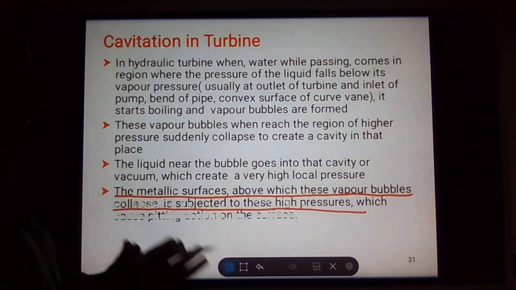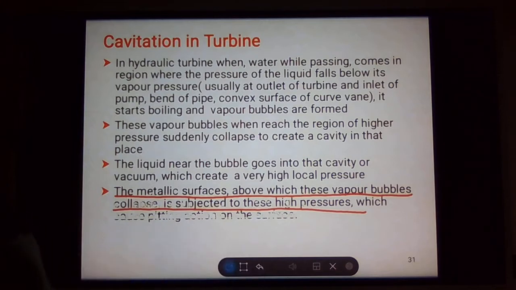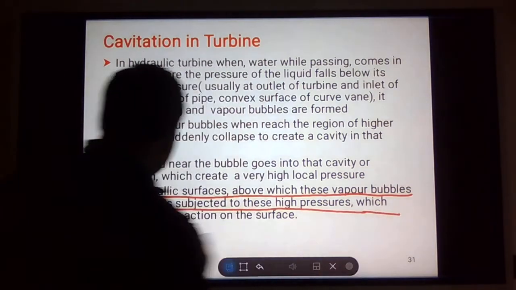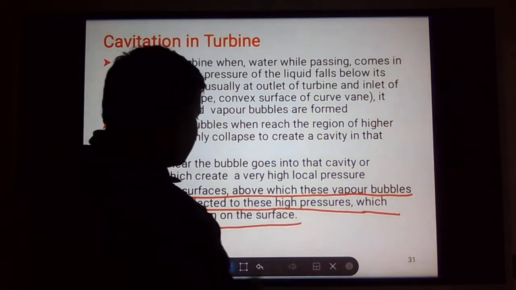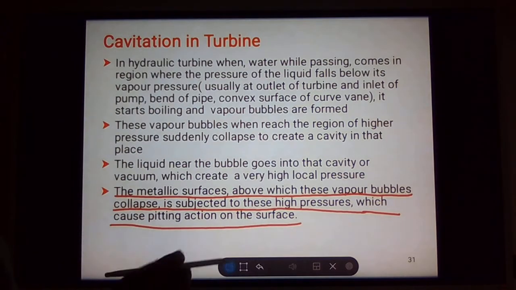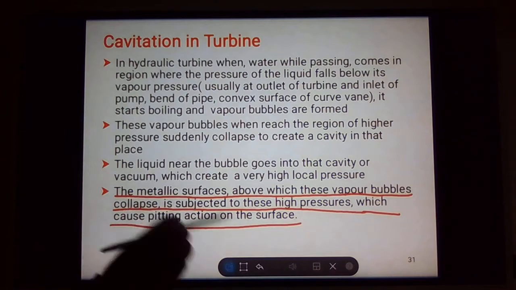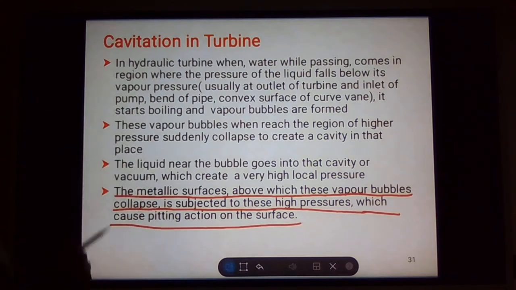When high pressure is created near the surface of the pipe, it creates a high pressure on that particular metal, which causes a pitting action on that surface. Due to this, that metallic part, that pipe, will not remain stable. It will start to corrode from that point.